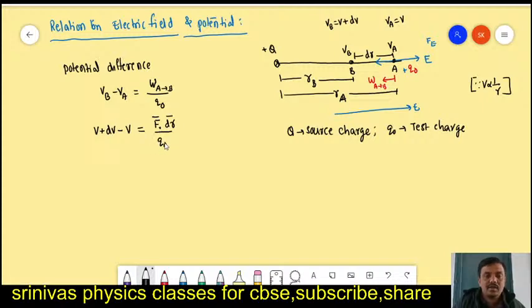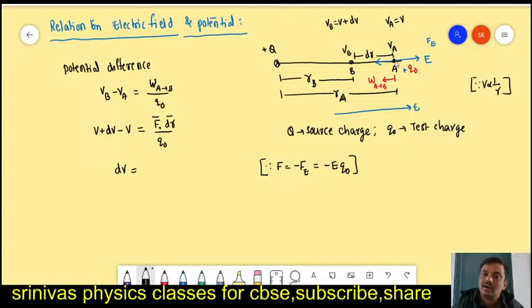Divided by Q naught. The force is the electric force, so we write dV is equal to the force on the charge in the electric field, with a minus sign. The electric force formula is E into Q, where Q naught is the test charge. Q generates the electric field, and Q naught is placed in the electric field, so force acts on Q naught.